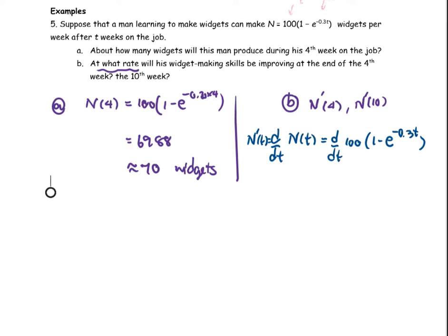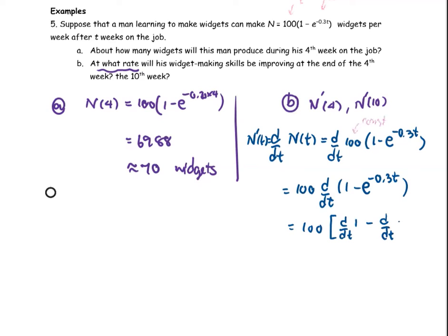We treat 100 as a constant multiple. Then n prime of t will be 100 multiplied by the derivative with respect to t of 1 minus e to the negative 0.3t. The derivative of the difference is the difference of the derivatives, so we find the derivative of 1 and the derivative of e to the negative 0.3t.